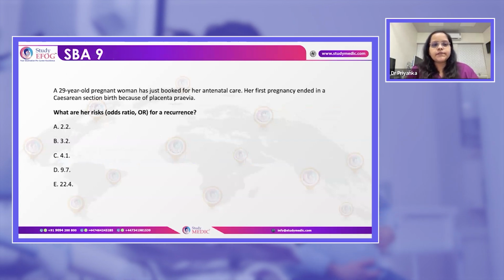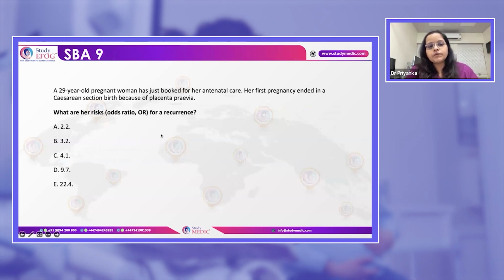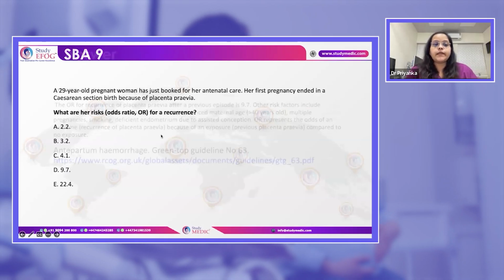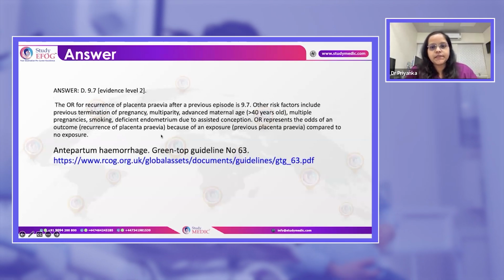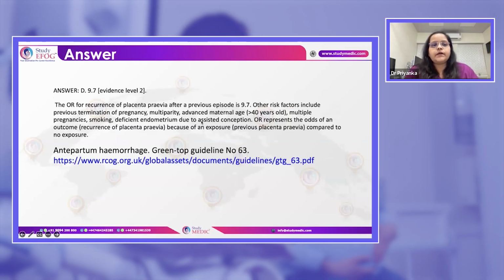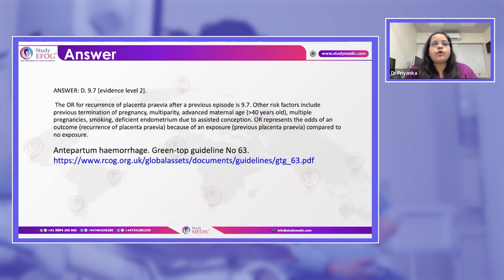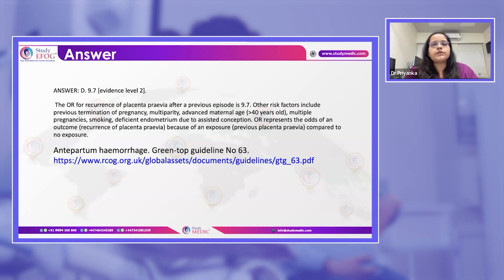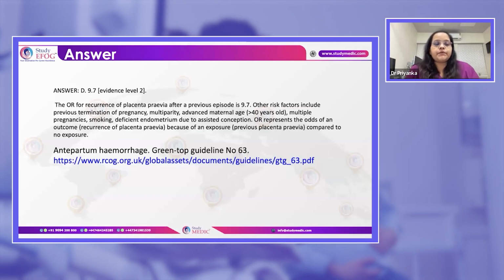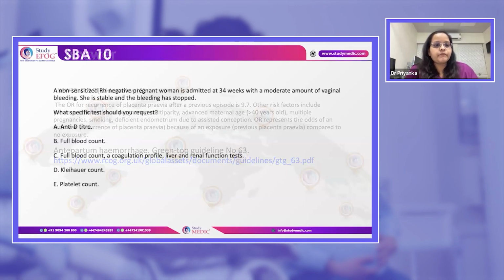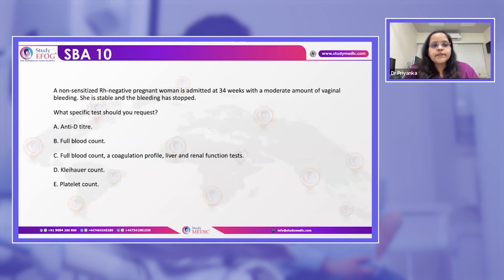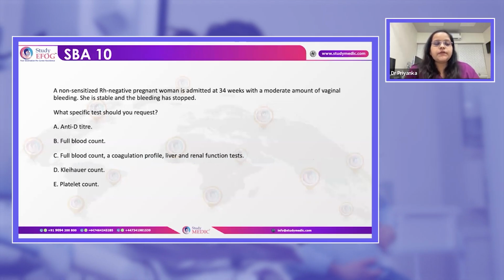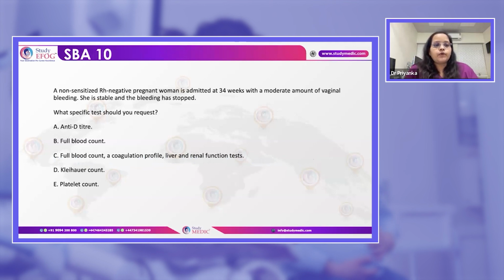After one cesarean section, the odds ratio is 9.7, that is answer D. For placenta previa, we know there can be other risk factors like multiple pregnancy, smoking, IVF pregnancy, any previous termination, or previous cesarean section. So the odds ratio after one previous cesarean is 9.7. Now, when non-sensitized, always remember to check whether the woman is sensitized or non-sensitized.